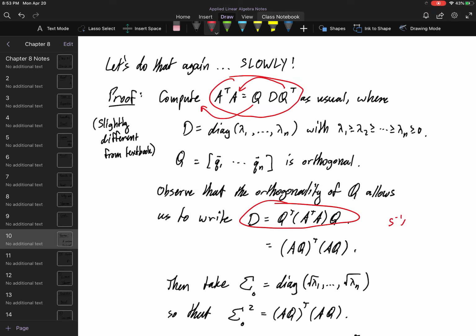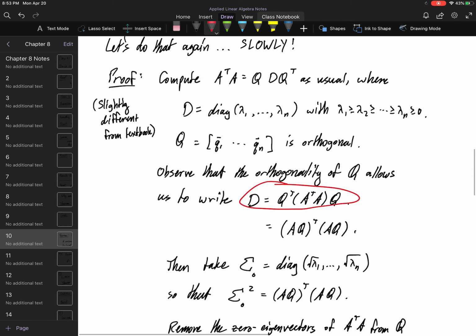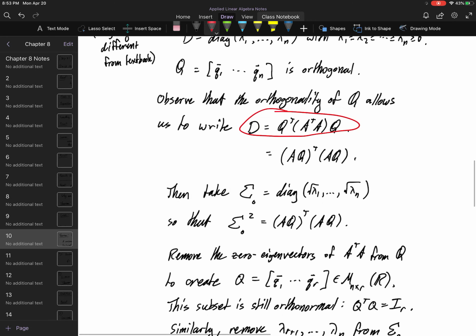This was effectively our S inverse AS decomposition for a diagonalizable matrix. So no problem there. It's the same exact thing. It's nothing new yet. And what we notice at this point is that I can reassociate these parentheses, and notice that AQ transpose shows up on the left and AQ shows up on the right. So awesome. That's looking more and more like something that we want.